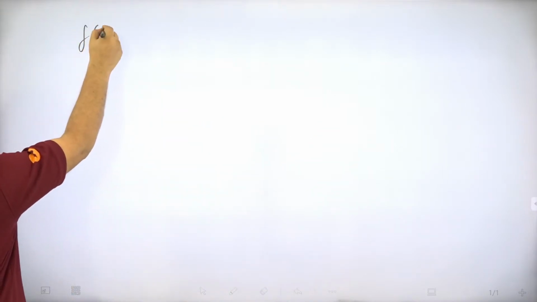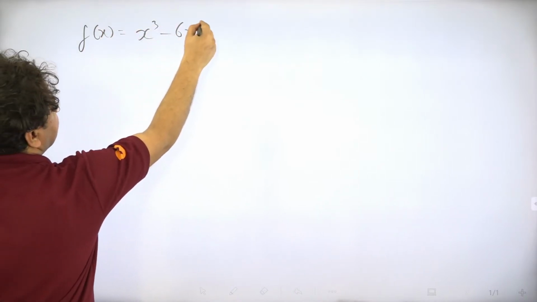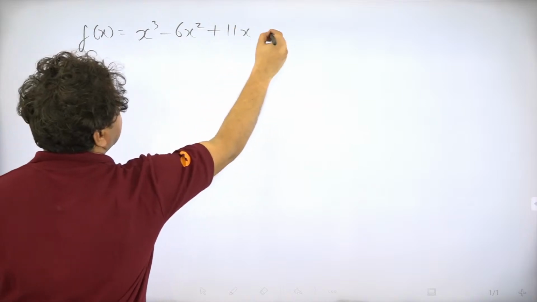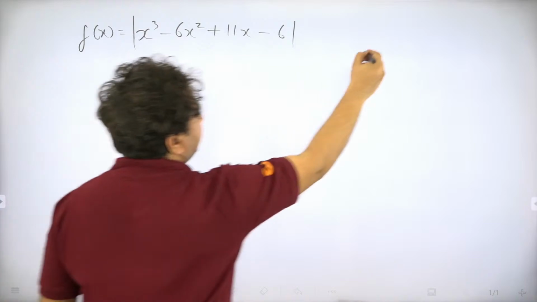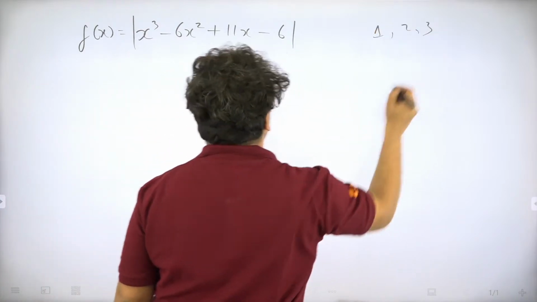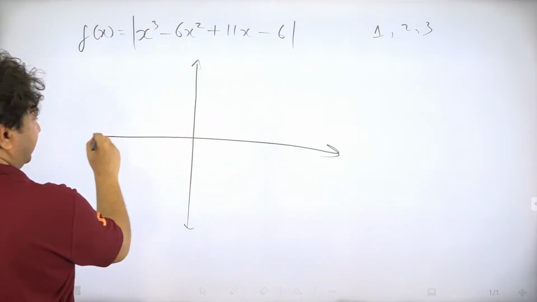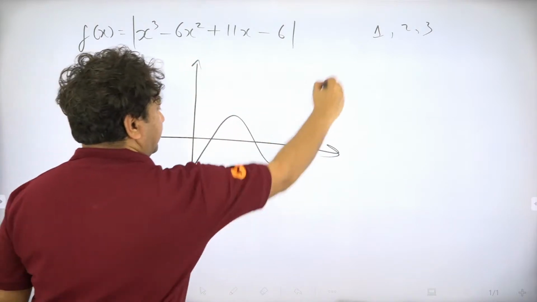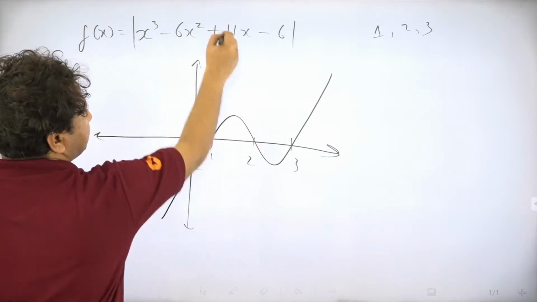Let's take a few more examples. If I have something like f(x) equal to x cubed minus 6x squared plus 11x minus 6, and then we have a mod. Here the roots are 1, 2, and 3, which we discussed earlier as well. Ideally, the graph would have looked like this. If this was 1, this was 2, and this was 3, and this thing is minus 6.